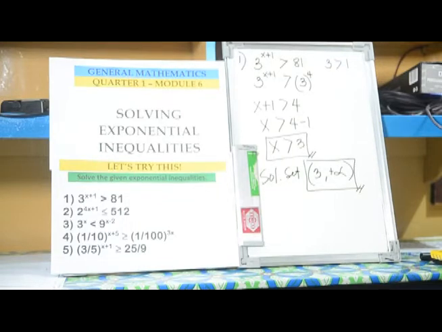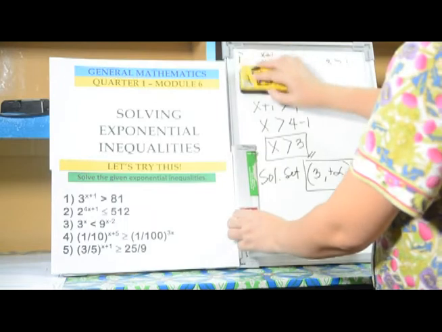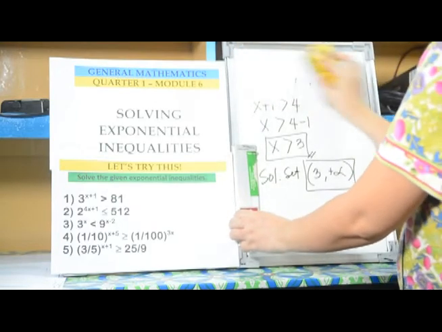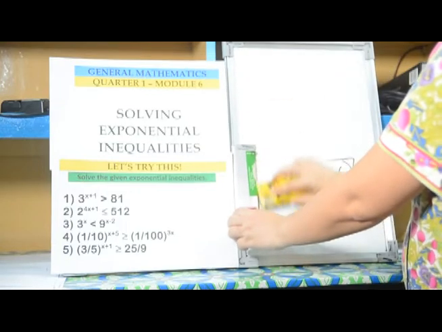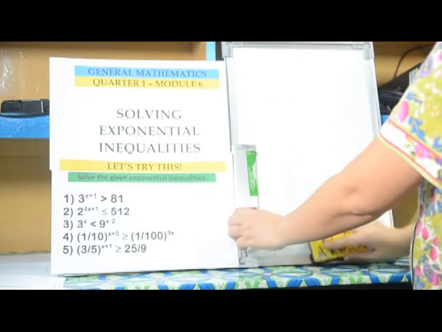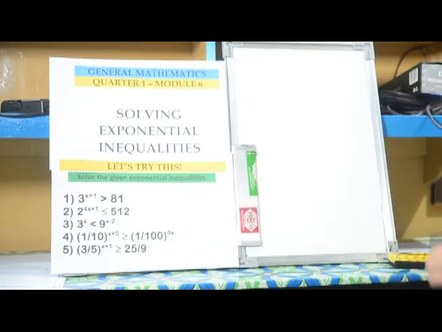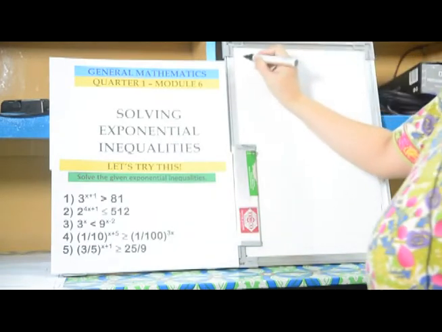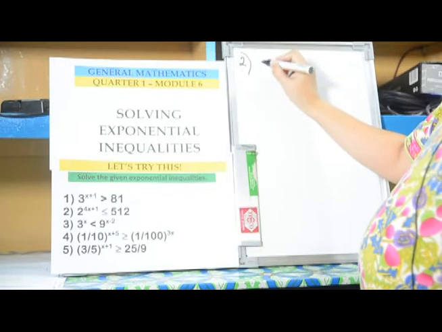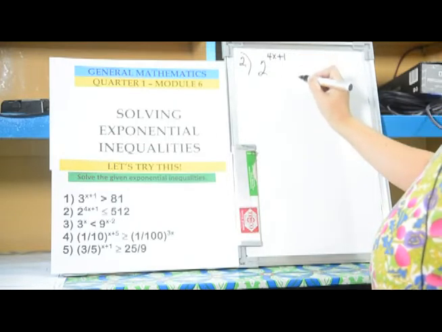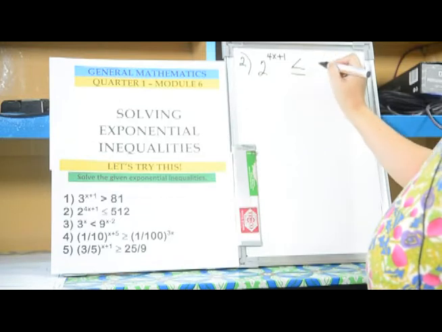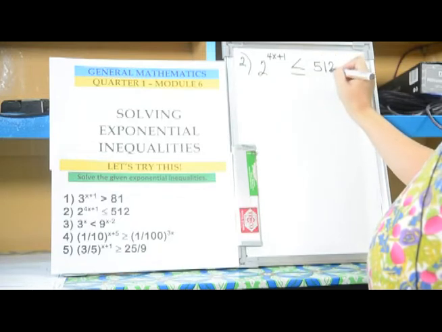So, let's try number 2 example. For number 2, we have 2 raised to the power of 4x plus 1 is less than or equal to 512.